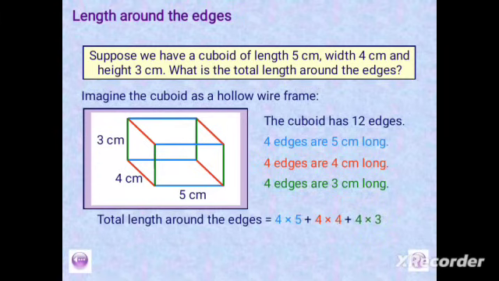So the total length around the edges is 5 times 4 on the length, then on the width 4 times 4, then on the height 4 times 3. So that gives us a total of 48 centimeters.